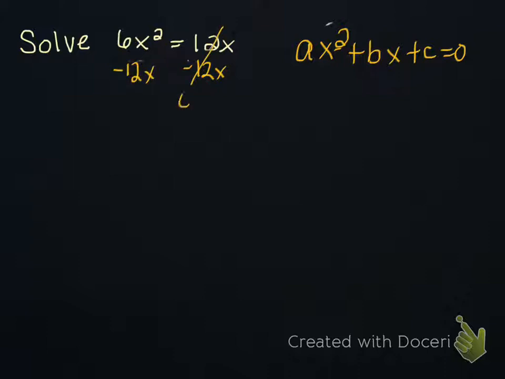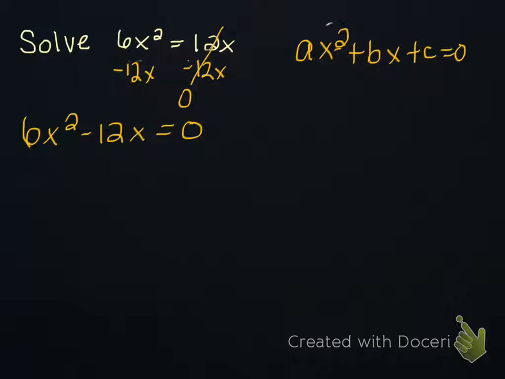These two will become 0, and these two are not common terms, so they cannot be added or subtracted within each other because they're not like terms. This one has a power of 2 and this one has a power of 1, that secret hidden 1 that's there. So I will write 6x squared minus 12x is equal to 0 because again these are not like terms, so they can't be combined.